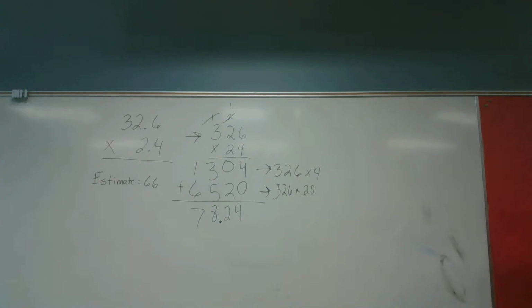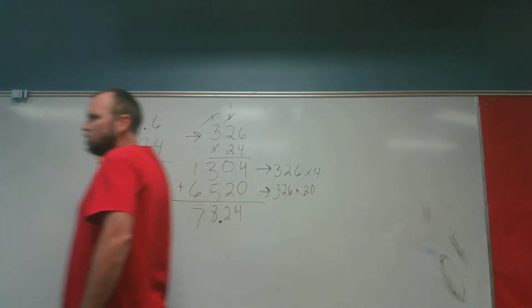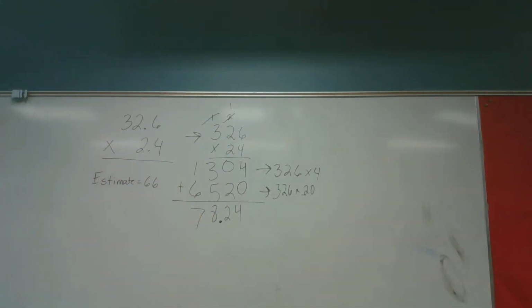If you put it behind the 2, you're going to have 782, which is not really close to 66. If you put it behind the 7, you're going to have 7 and 824 thousandths. You count the number of digits behind the decimal point in the problem, and there are 2, and that's how many go behind it in the answer.